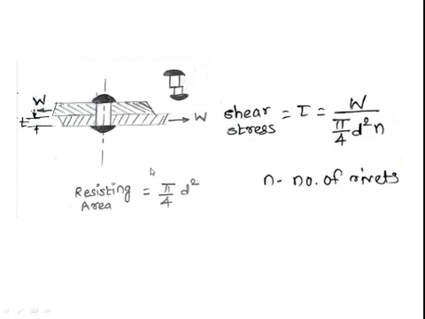Suppose small d is the diameter of the rivet, then the resisting area for the rivet will be its cross-sectional area, that is pi by 4 d square. Now putting this resisting area into the stress equation, the equation becomes W upon pi by 4 d square multiplied by small n. N indicates the number of rivets which are required to join these two plates.